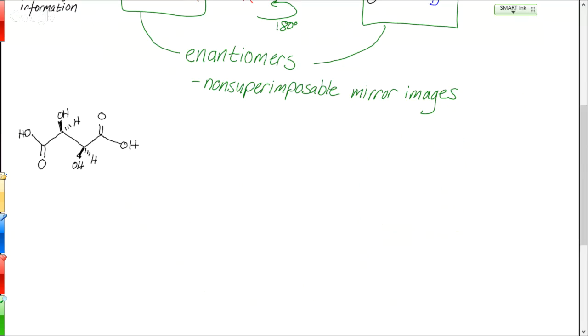Okay. So the question is then, is this the same as its mirror image? Is it actually identical to its mirror image? So let's draw its mirror image. We're going to pretend there's a mirror right there, and it's looking into the mirror. We're going to draw everything just exactly opposite as what we see here.